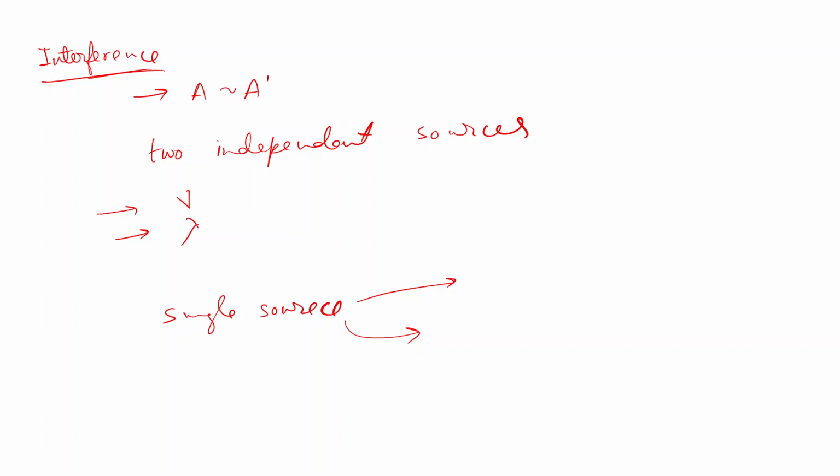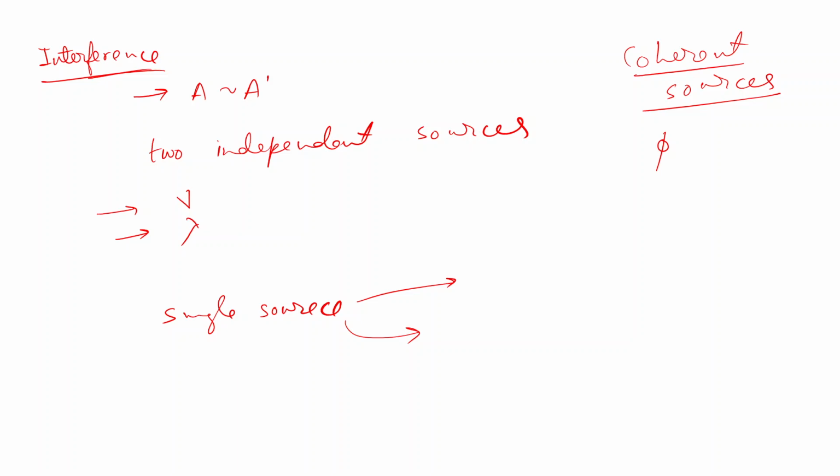We call these coherent sources, and we need coherent sources to get an interference pattern. We call sources coherent when the frequency is the same, the wavelength is the same, and the phase difference between the two sources is constant.